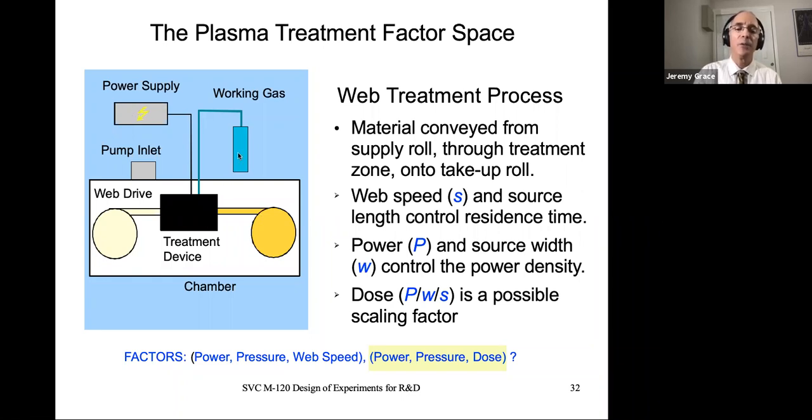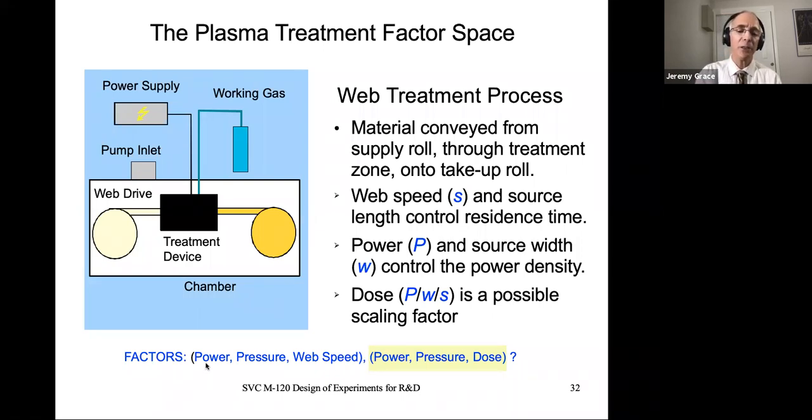You can flow working gas through the treatment device. And the web speed and the source length in the web direction control the residence time, the exposure time, if you will. The power and the source width control the power density. And you end up with dose as power per width over web speed. And that dose, as I said, might be a possibly important thing.